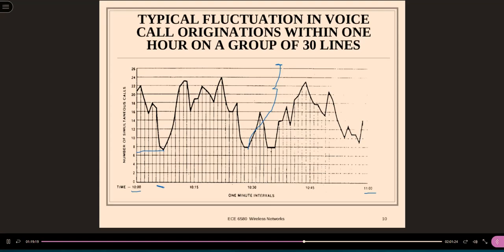And the quality of service also has, as part of it, the blocking probability. If you have not enough capacity, then you get into blocking, and the service quality, of course, is reduced accordingly.